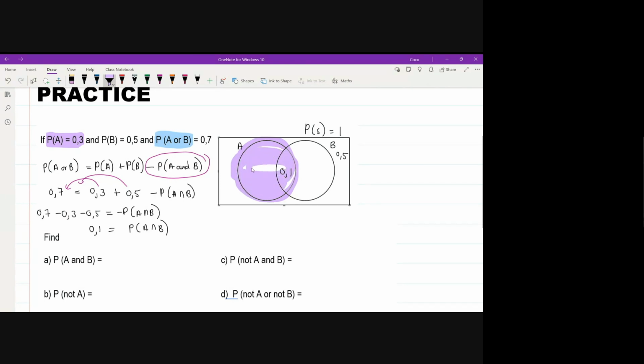This whole thing together must be 0.3. We've already got 0.1 in the intersection. What is left over needs to be 0.2. Does that make sense?